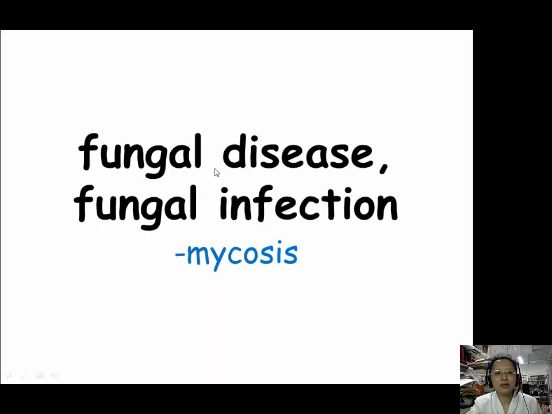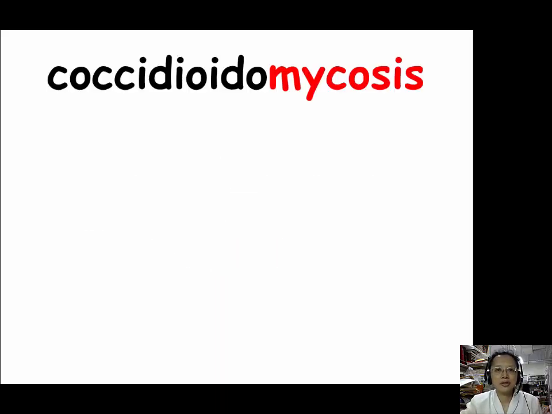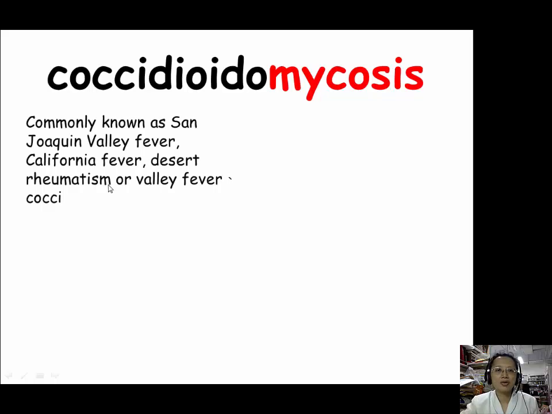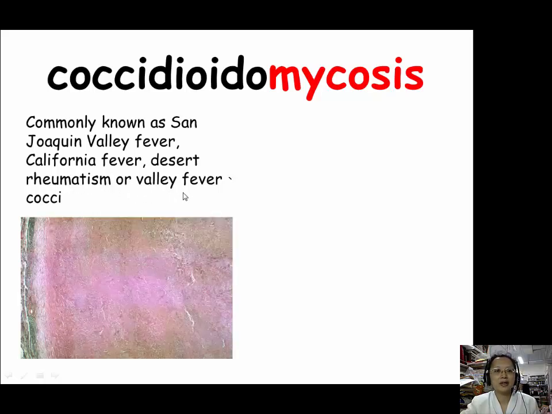Next, for fungal disease or fungal infection, we can use the suffix mycosis, M-Y-C-O-S-I-S. Our example is coccidioidomycosis, commonly known as cocci, C-O-C-C-I, or also called San Joaquin Valley fever, California fever, desert rheumatism, or valley fever.